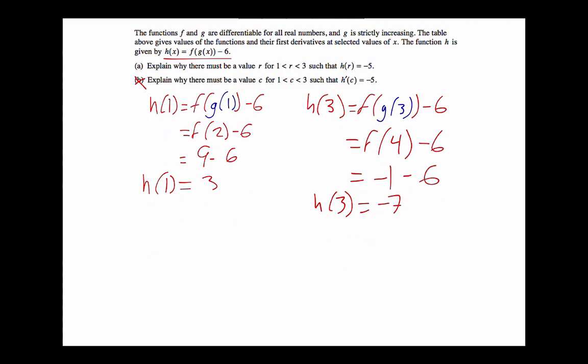So by logic, we got negative 7 is less than negative 5, which is less than 3. In other words, h of 3 is less than negative 5, which is less than h of 1.